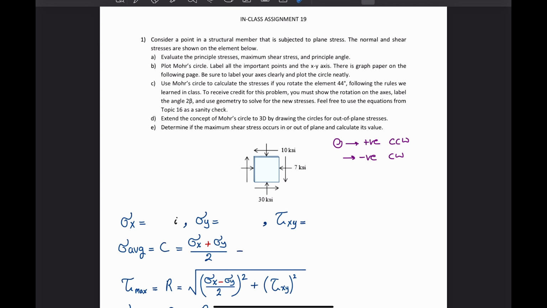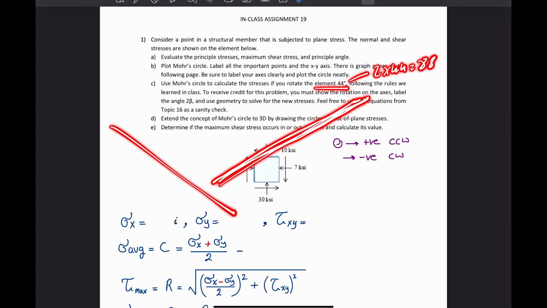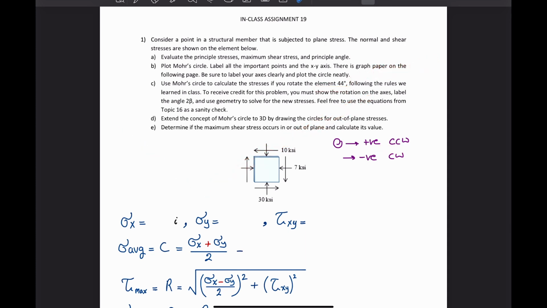So it's basically telling me once you draw the reference point or the xy plane, rotate it by 44. 44 is in the xy plane, but in the sigma tau plane it is 2 theta. So I'm going to multiply 2 times 44. So I want to rotate this xy plane, whether it's this way or that way, by 88 counterclockwise. Okay, let's first worry about drawing the circle, and then we can worry about this later.